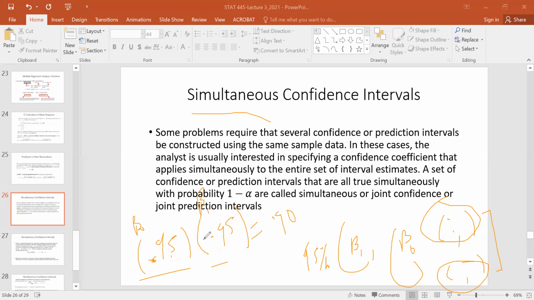So it is not true that whenever you construct separate 95% intervals, you are 95% sure that this is true and that is true. The keyword is "and." Probability of "and" means multiplication, right? So if you construct 95%, you get 0.90. So it's not true.